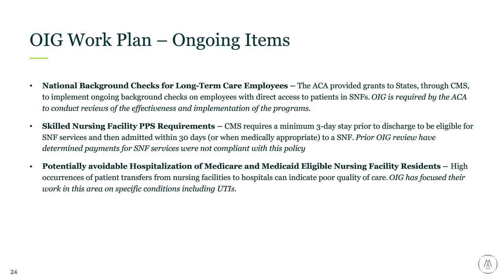The couple of other items here, the last bullet point really is consistent with what we've seen with other OIG reports and quality metrics. As we point out here, this is where the UTI comes into play. There's a lot of readmission to the acute space for UTI, as well as pressure ulcers and some of those other conditions.